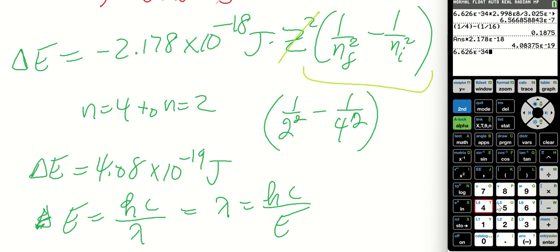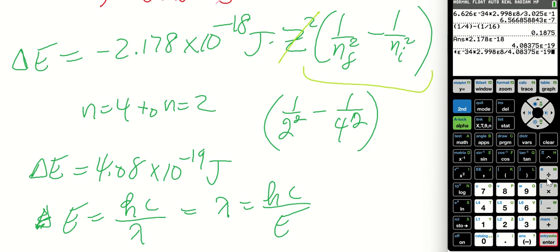Don't make a mistake here. Pressure's on. Times 2.998 times 10 to the 8 meters per second divided by the energy we just saw for that. Right there. Beautiful.